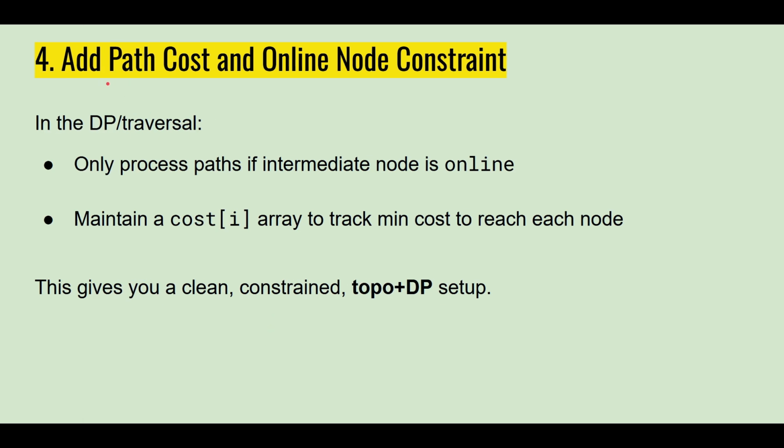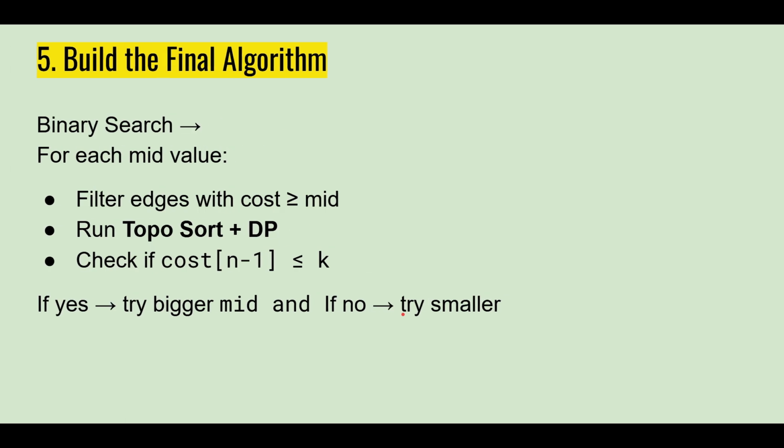Then we'll check the path cost and the online node constraint. So we have the DP or traversal window: only process the path if the intermediate node is online, and maintain a cost array to track the minimum cost to reach each node, right?